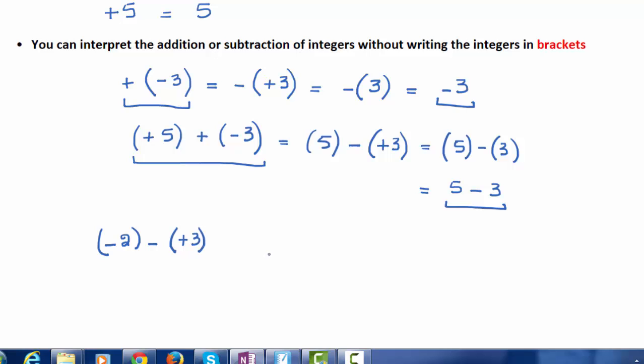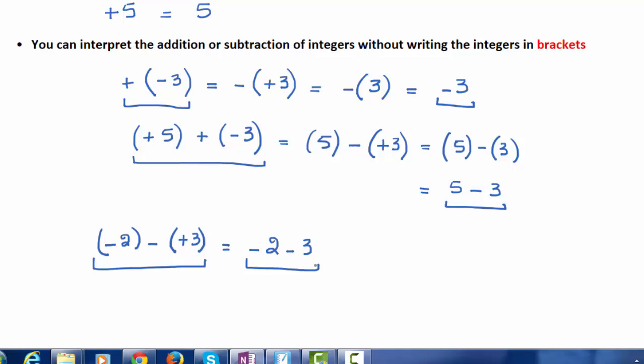How do we switch that to something very simple? The negative 2, I cannot say 2 like the positive, so I have to keep it negative 2. Now minus positive 3, I don't need the positive 3, I can write negative 2 minus 3. Can you see? All this complicated algebraic expression with brackets, I can simplify it with something like that, so it's easier.